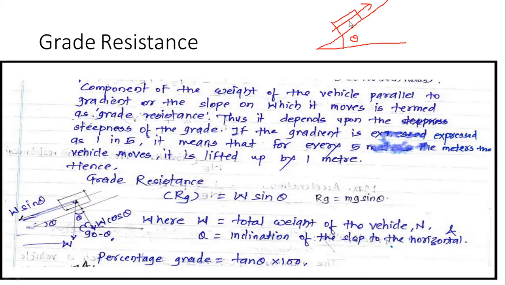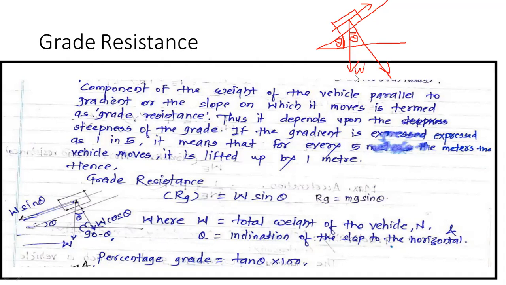Right. So weight is acting in the vertical downward direction. So here W. Then this is the theta. So I will show here theta for the previous one. Again, just by the trigonometric rule, this is also theta. Okay. Now W is acting in this direction.